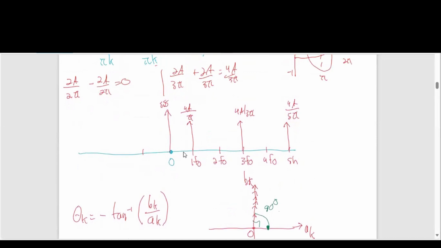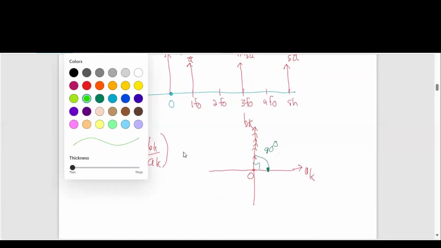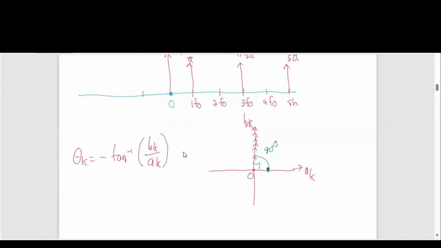If it was an even function, that means bk is 0 and ak is a value. So if I look at the Cartesian plane now, if it's even, bk is 0, so it's not going up, but again the values are ak, which means it's staying on the x-axis. So the angle from the positive real axis to the positive real axis is 0. Therefore, if you were plotting the phase spectrum for it, all the values would just be 0 for the phase.